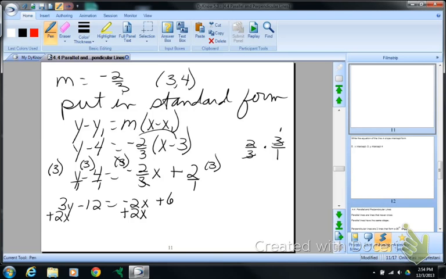Could I add 12 at the same time? Could I do that? Add 12 here and add 12 on the right side. Draw my total line. So that's 2x plus 3y, the 12s go away over on the left side, is equal to, the two x's go away, and I get 18.